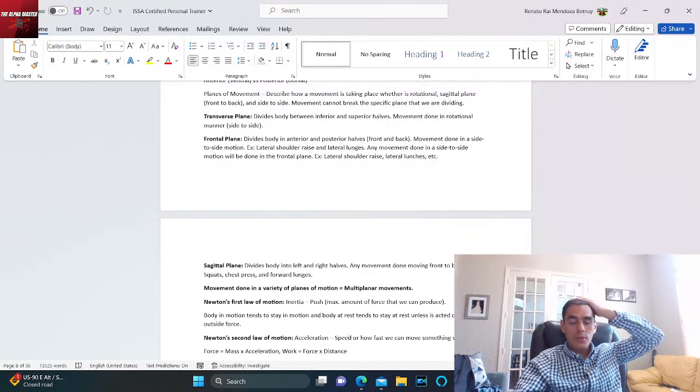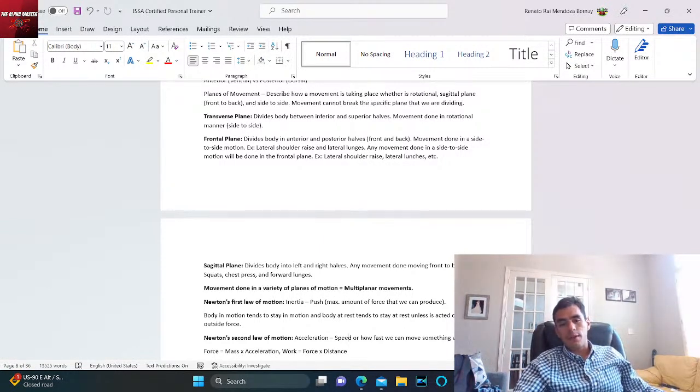Newton's second law of motion is acceleration: the speed, or how fast we can move something with force.